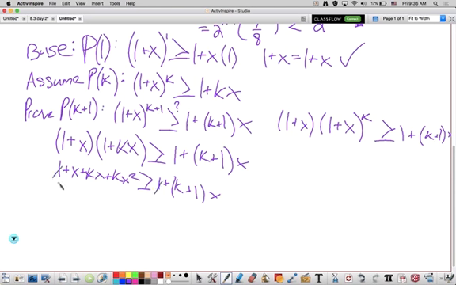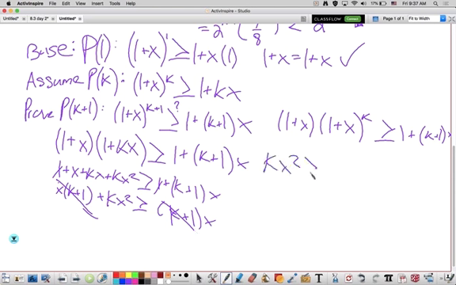So it's x times k plus 1 coming from these two terms, plus kx squared is greater than or equal to k plus 1 times x. You can subtract that off because it's the same. So then you get kx squared is greater than or equal to 0, which if you plug in anything, it's going to get you an answer. Okay. So this is good.